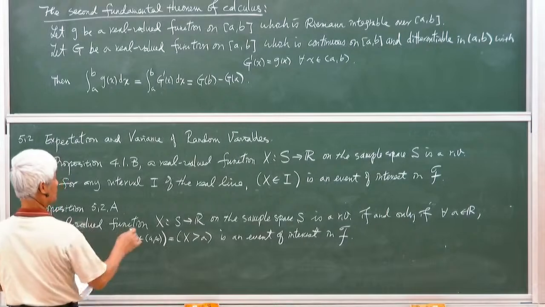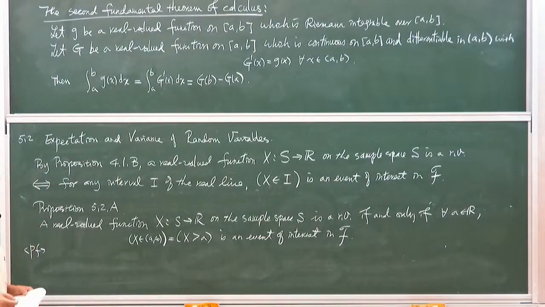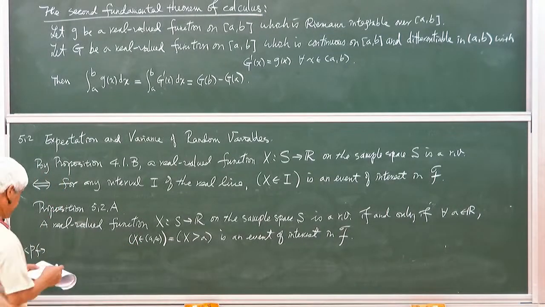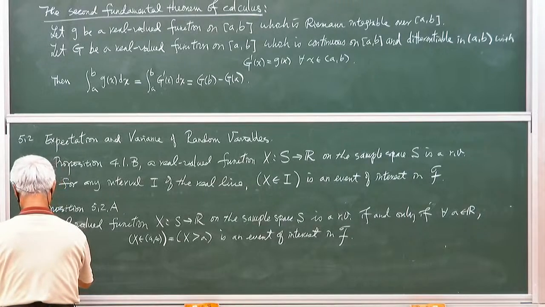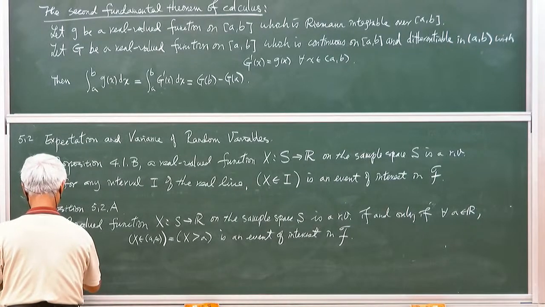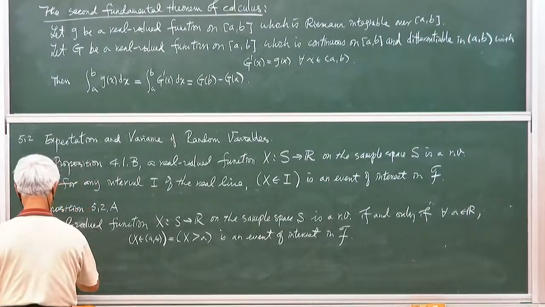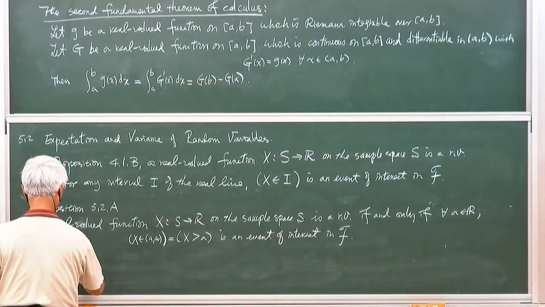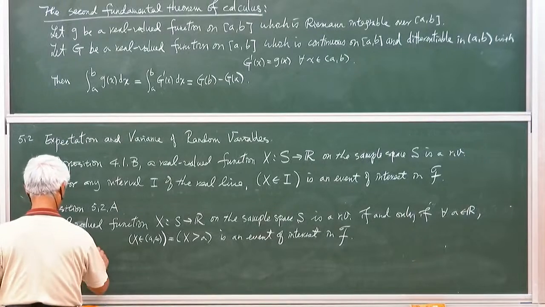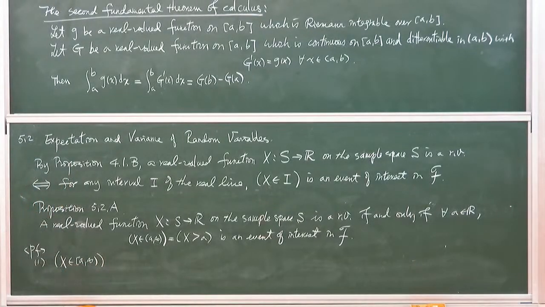First of all, we have quite a few types of random variables. Okay, so one, you can see that this one is a semi-infinite interval, but it's closed, right?